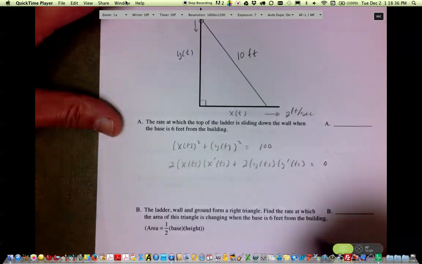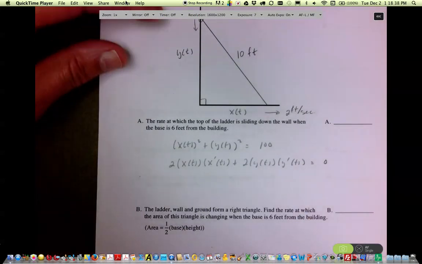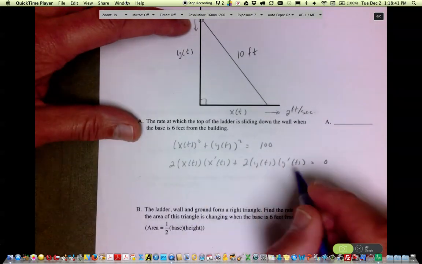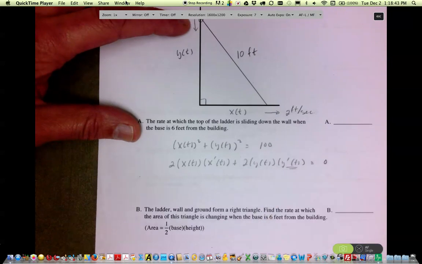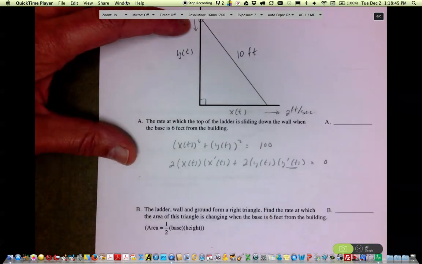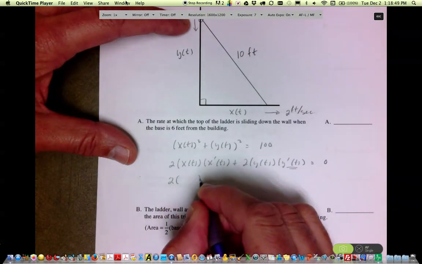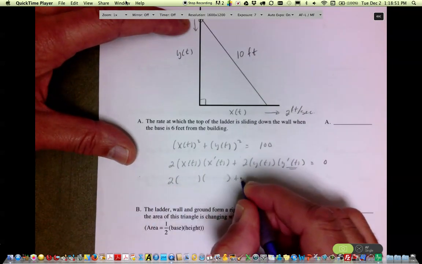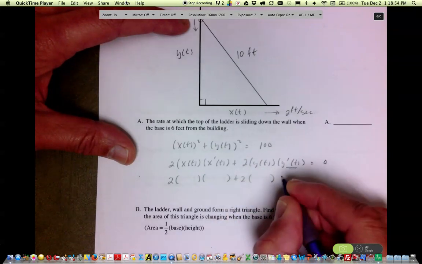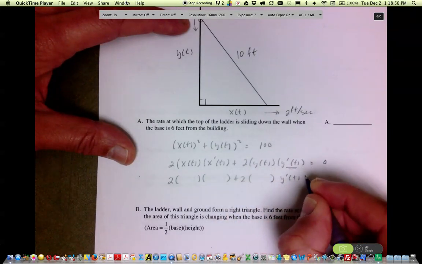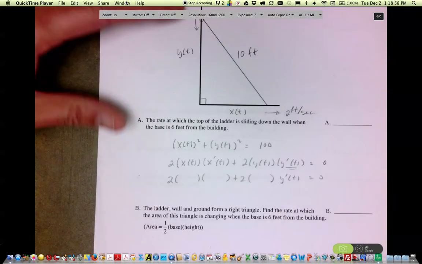Think about what we're looking for: how fast y is changing, which mathematically is the derivative of y with respect to t. Everything else we ought to be able to plug in.